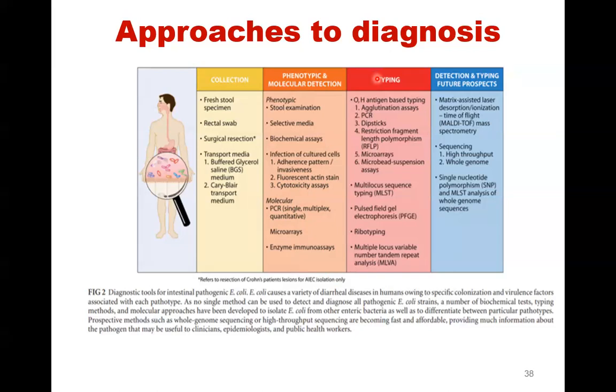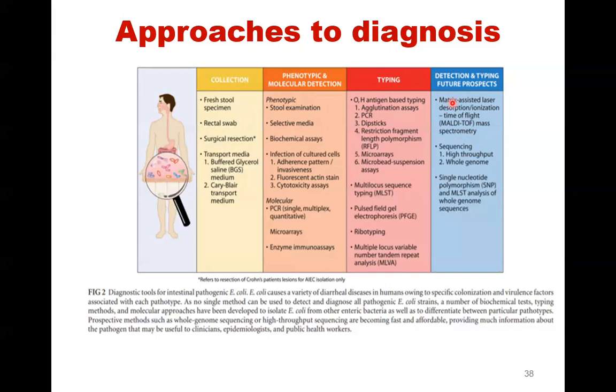However, you need to send a sample so that if there's an outbreak, we know which particular serogroup we are dealing with. Then detection and typing: future prospects. MALDI-TOF is now top on the list of diagnostic tools in the microbiology lab.